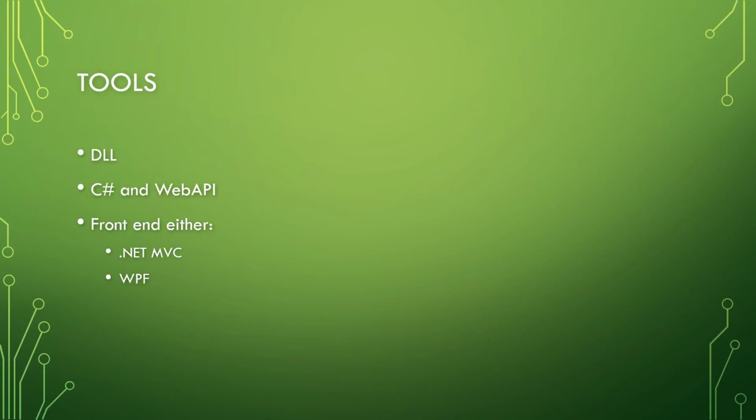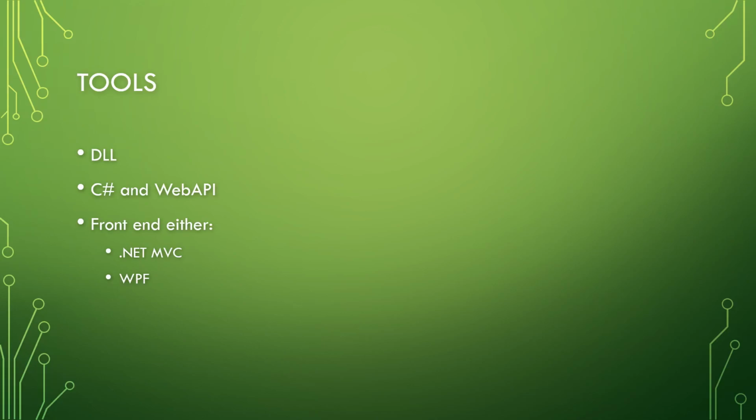So here are some of the tools I'm going to use. Windows Visual Studio helps you make a project into a DLL, dynamically loaded library. I don't know what that tool is called, so I just say DLL. C# and Web API. I figured that this will run as a web service, so Web API is a no-brainer.